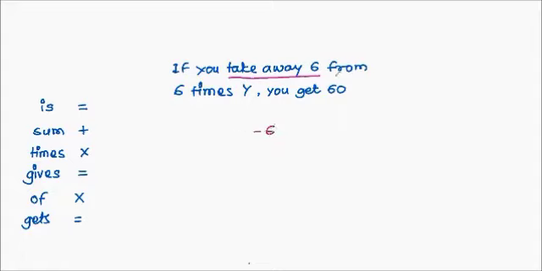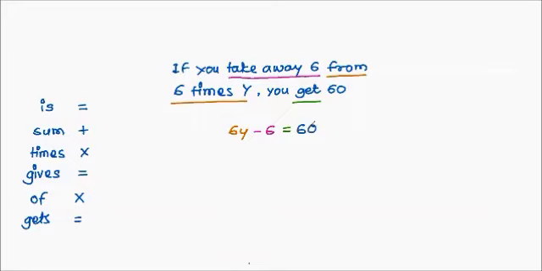From 6 times y. So "from" comes before the subtraction sign. 6 times y. Times is multiplication. So 6 times y. You get, now what is get? You get is equal to, you get what? You get 60.